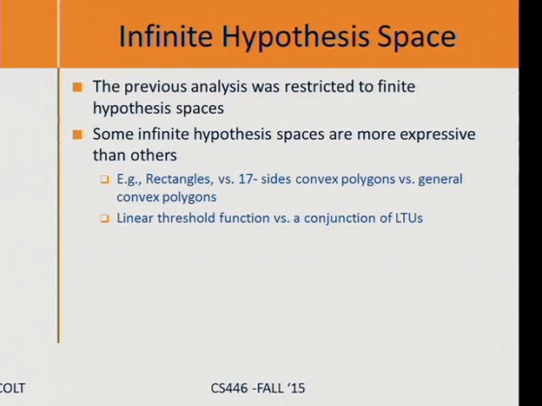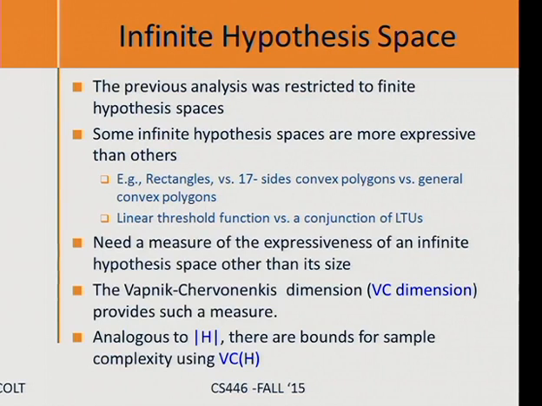Or linear threshold functions versus conjunctions of linear threshold functions. Right? So a linear threshold function separates the space, positive here, negative here. Conjunctions of, let's say, 2 is more expressive. I have to satisfy both this linear threshold function and this linear threshold function. And so on.